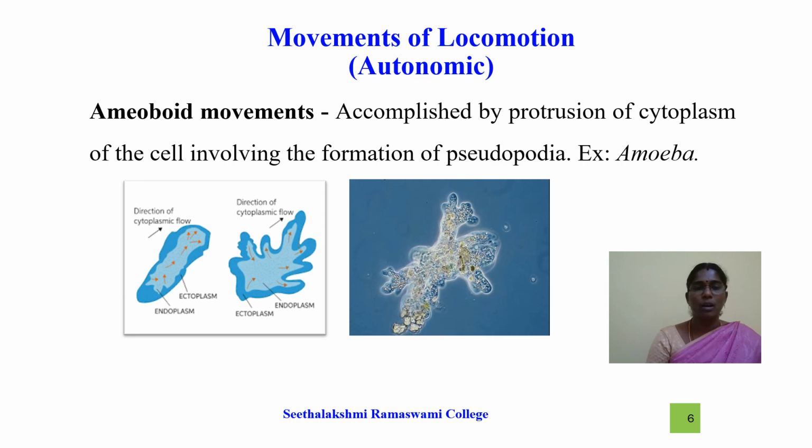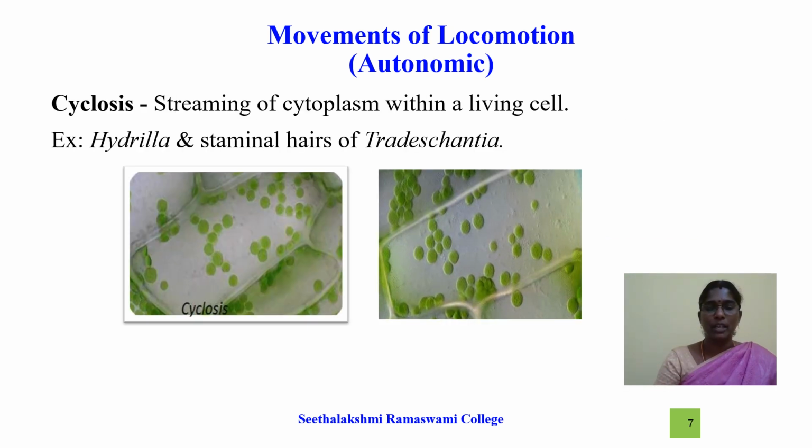Next one is the amoeboid movement. It is the most common mode of locomotion, achieved by pseudopodia. It involves the flow of cytoplasm as an extension in an organism. In higher plants, the cytoplasm, including various cell organelles, moves around the large vacuole.